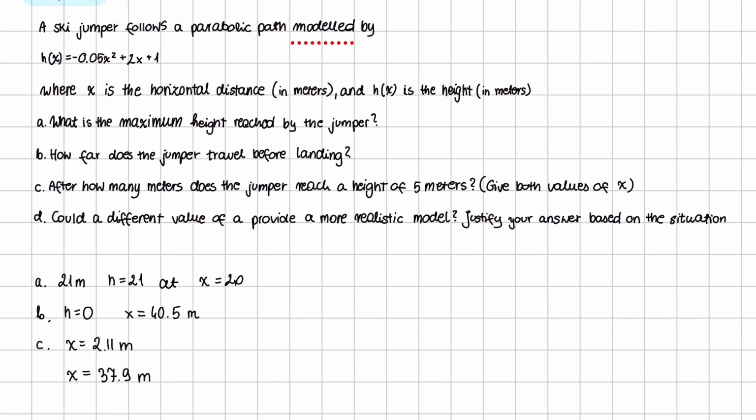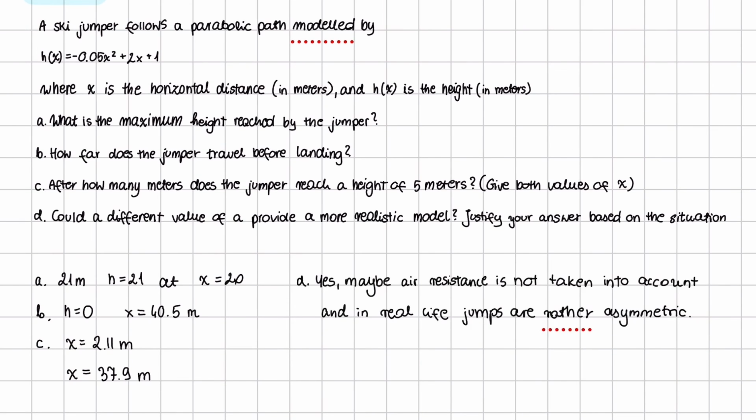And obviously, maybe this model doesn't take into account air resistance, and in real life jumps are not often very symmetric, so they are rather asymmetric. So we can write our answer like this. Yes, maybe air resistance is not taken into account, and in real life jumps are rather asymmetric.